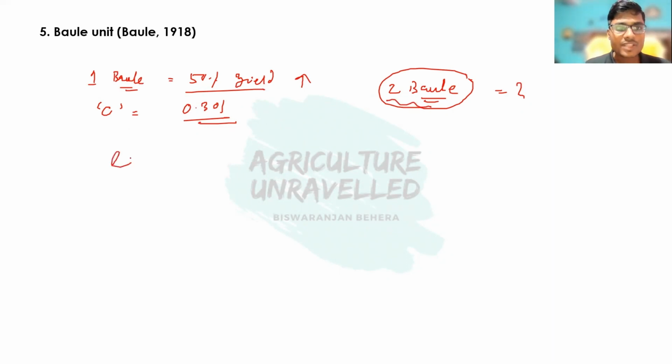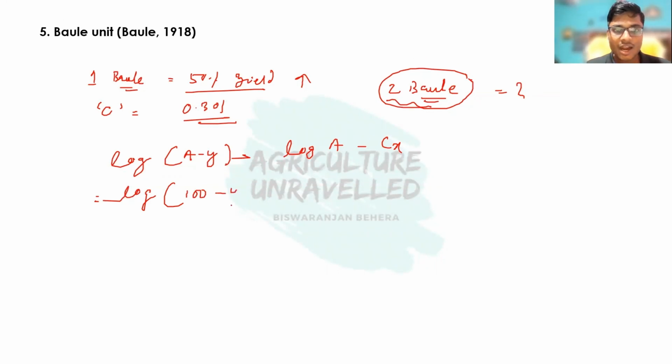Coming to the Mitscherlich equation, that is log(A minus Y) is equal to log A minus Cx. Here A is 100, that is the maximum yield achieved. And the yield increase due to Boule units, that is not known to us, that is Y. Then log A is log 100, minus C is 0.301, that is known to us, and x is 2, because we have applied two Boule units.